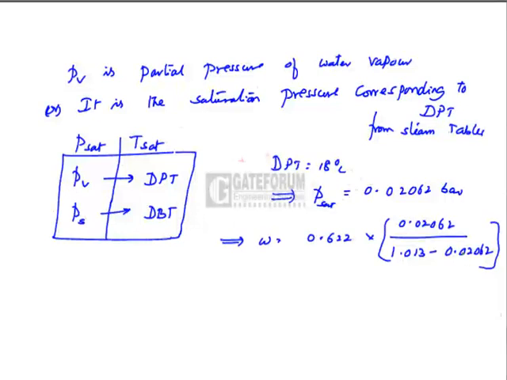So this is the answer for W, kg of water vapor per kg of dry air.